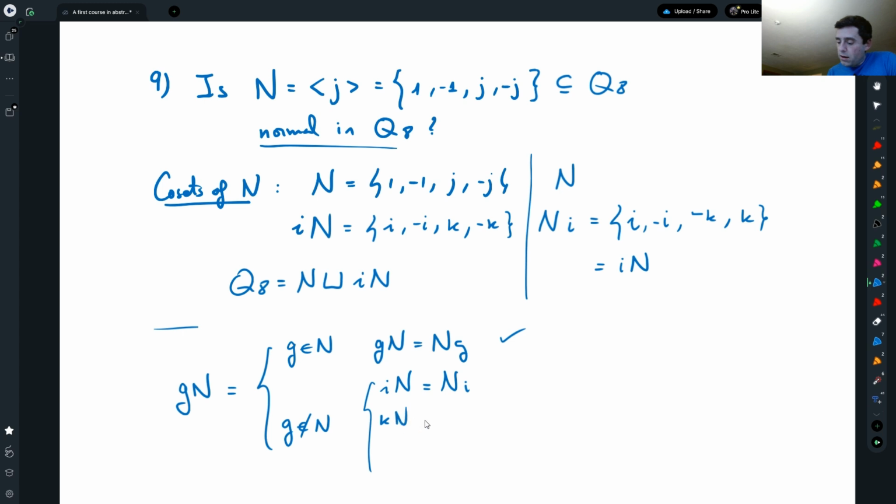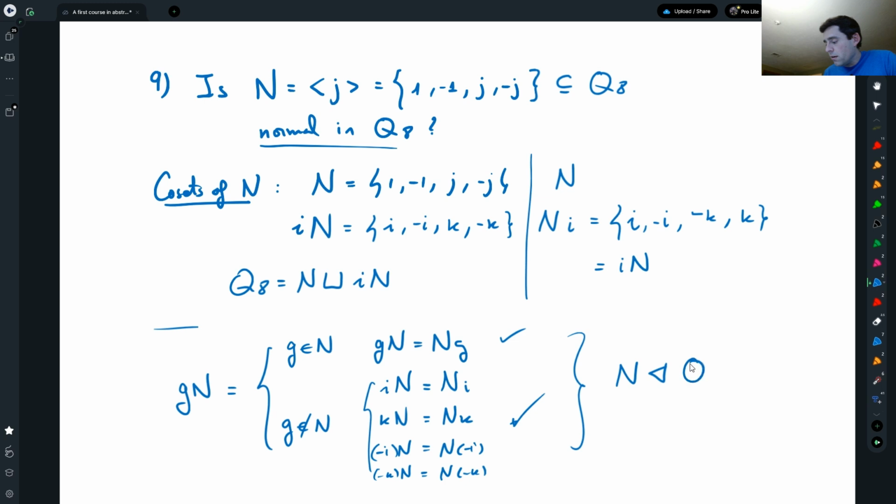Or kN, you can see that kN will be k, minus k, i, and minus i. So I get the same thing actually, that Nk. And the same thing for the negatives. So minus i times N is N times minus i, and minus k times N is the same as N times minus k.